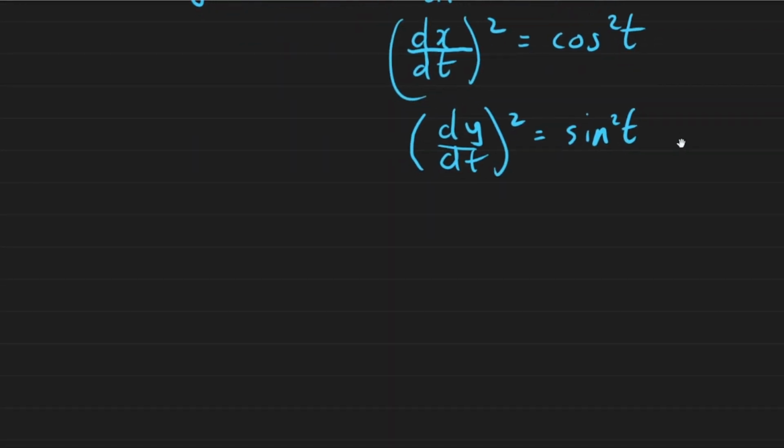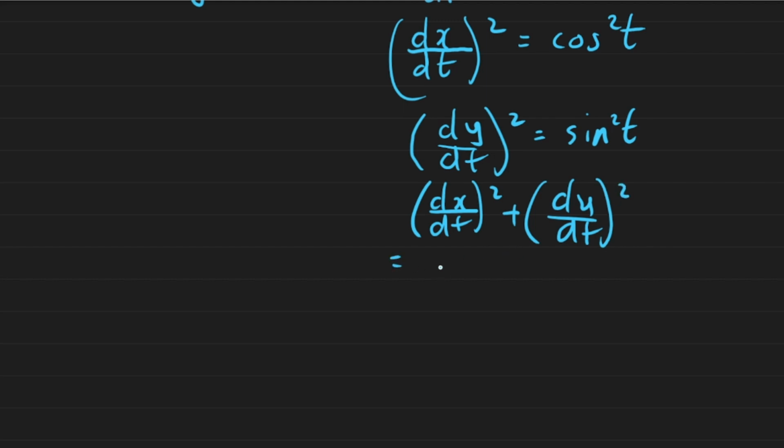Let's write it first: (dx/dt) squared plus (dy/dt) squared is equal to cos squared t plus sine squared t, which is equal to 1. So what that means is that ds is equal to dt.